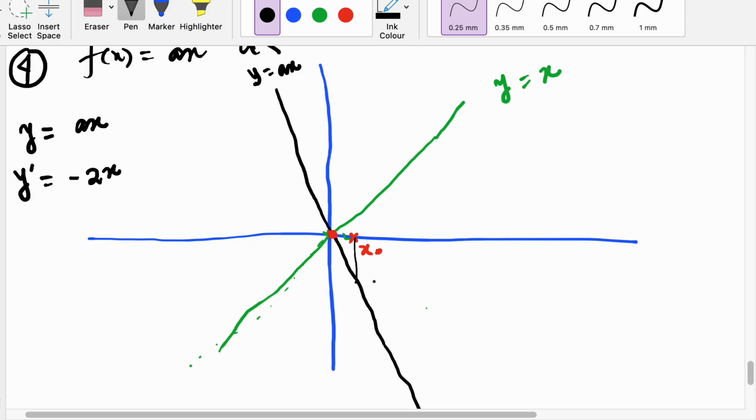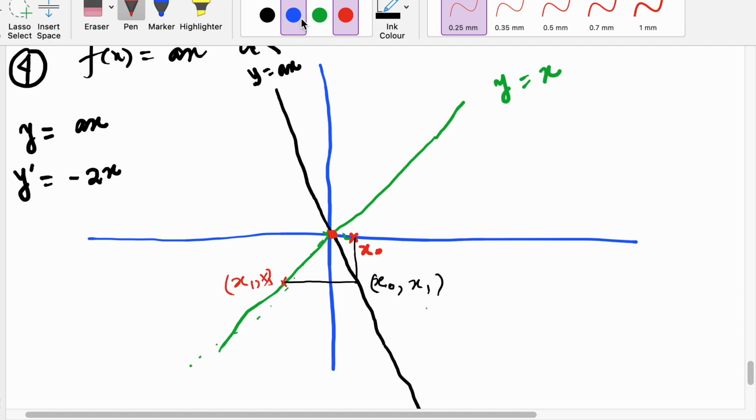This point will be x0 comma x1. Now to generate x1, I draw a horizontal line to y equal to x, and that's how we get this point, which is x1.